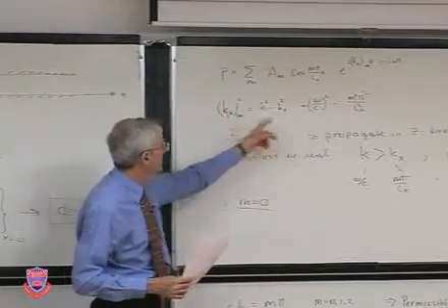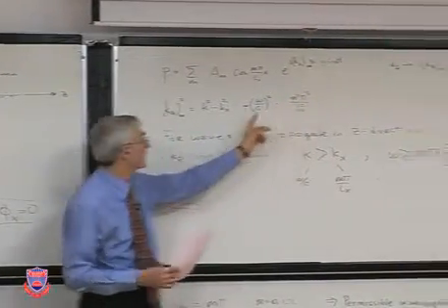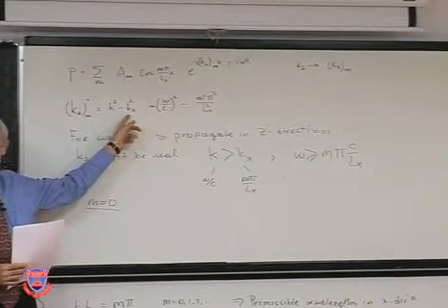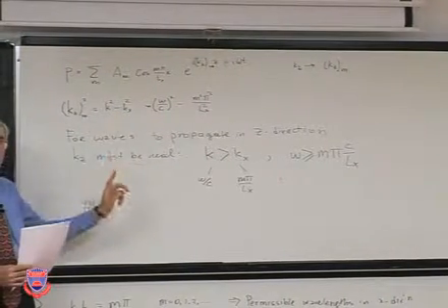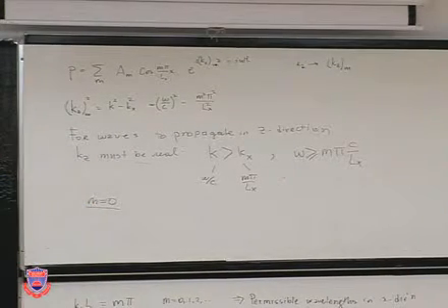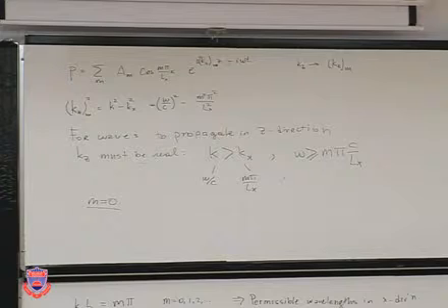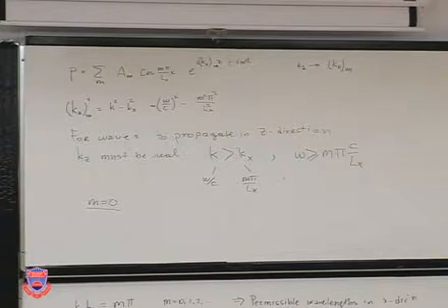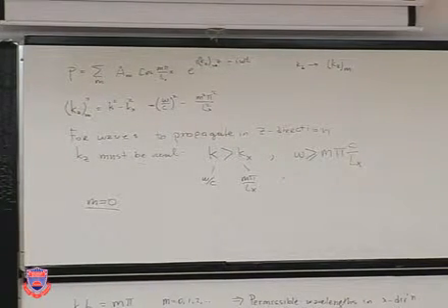Correct. See, when m is equal to 0, kx is 0. What does that mean? There's no propagation in the x direction. So there's nothing in that direction, so everything is along the z-axis.